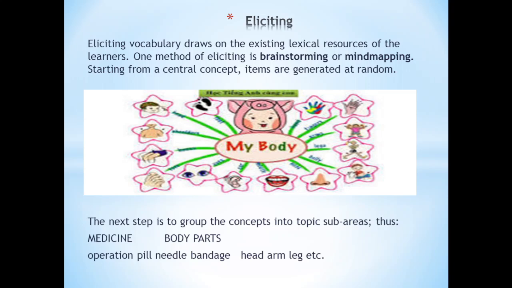The next step is to group the concepts into the topic sub-areas. In this situation, for example, medicine words and body parts. For example, for medicine words: operation, pill, needle, bandage, and for body parts: head, arm, leg, etc.